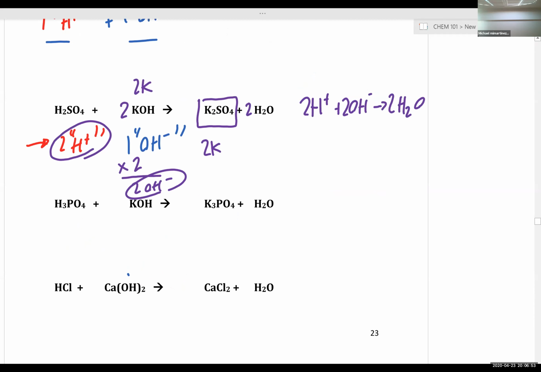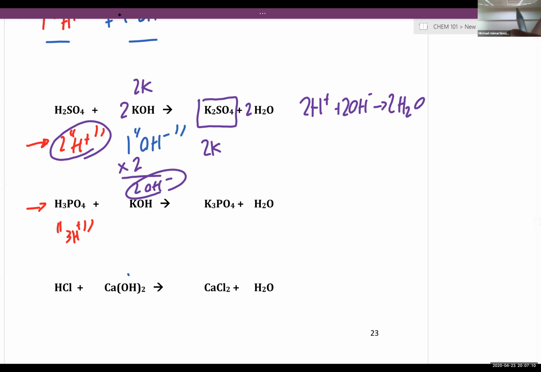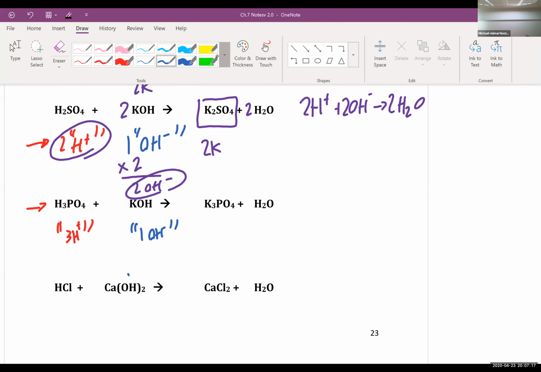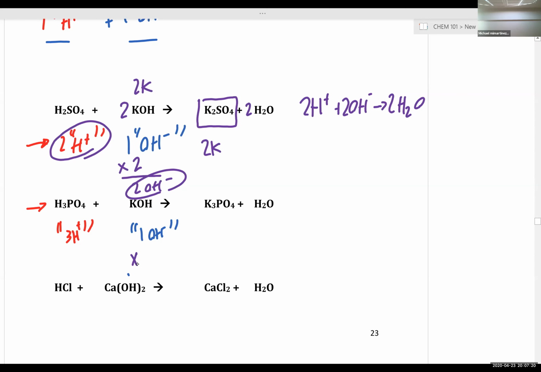Let's look at another example and let's try to do this one a little bit faster. In phosphoric acid, how many H+ equivalents do we have? 3. So we have 3 H+, and potassium hydroxide just has 1 hydroxide equivalent. So then, what do I need to multiply my coefficient for potassium hydroxide by? 3, exactly right.